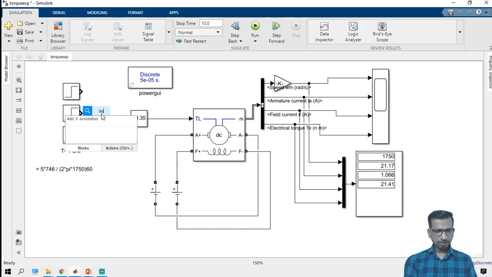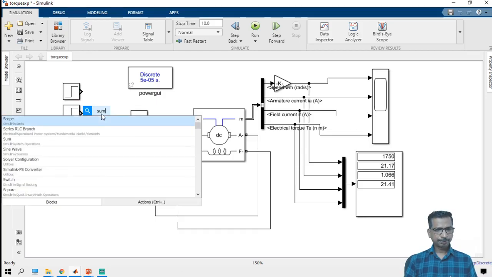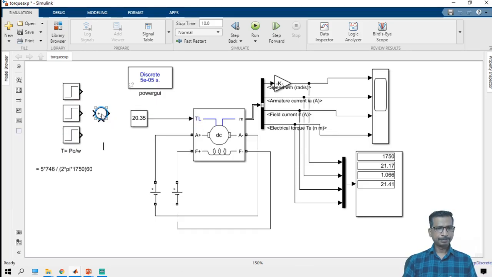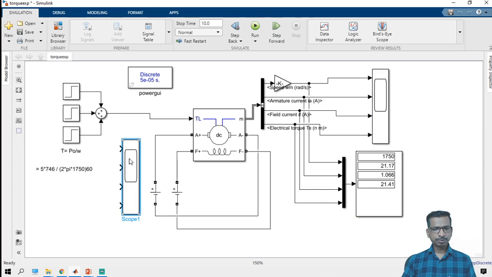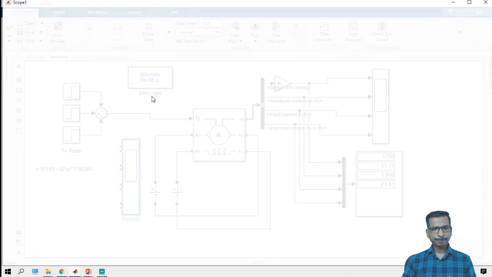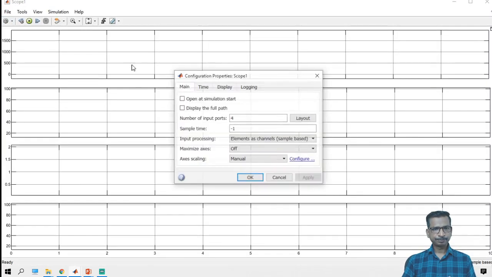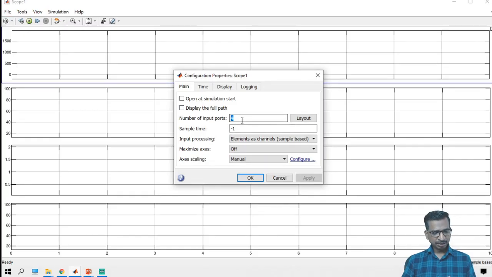Take some blocks, connect all the things, and connect motor to the port. So before that, just verify with the scope whether the signal is properly applying or not.